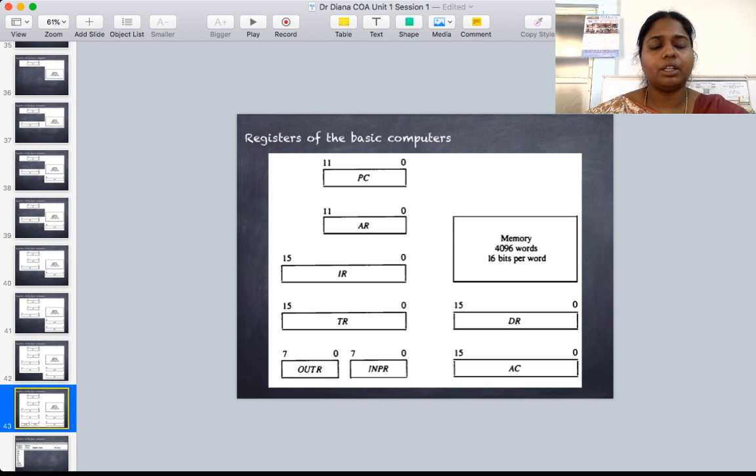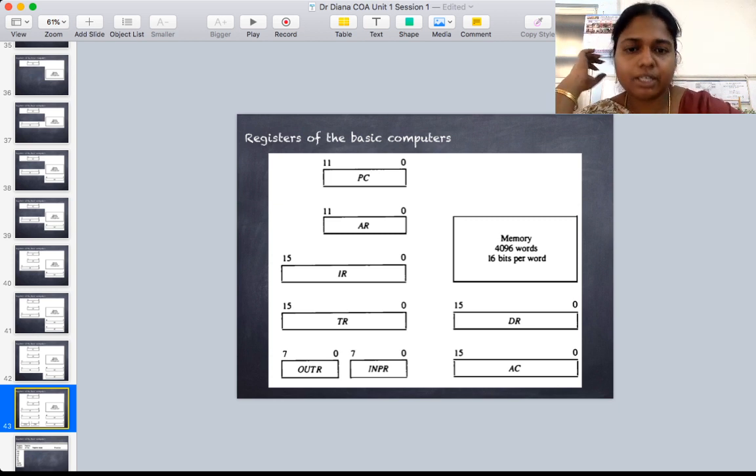Now, the first register we saw was the program counter, which is used for holding the address of the instruction that is to be executed next. The instruction register IR holds the instruction that is currently to be executed, and the data for that particular instruction is placed in the data register, and the address of that operand is placed in the address register.